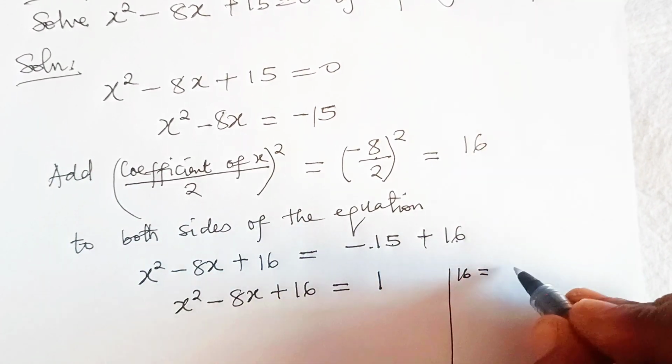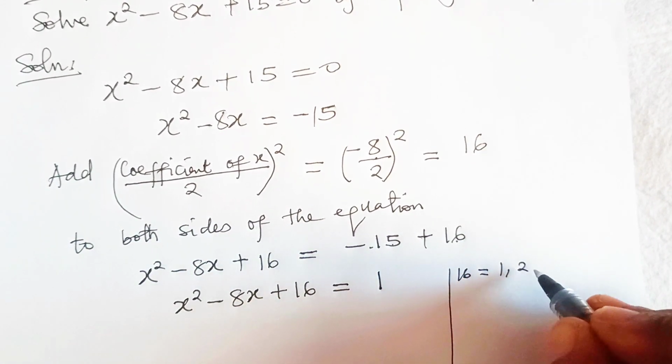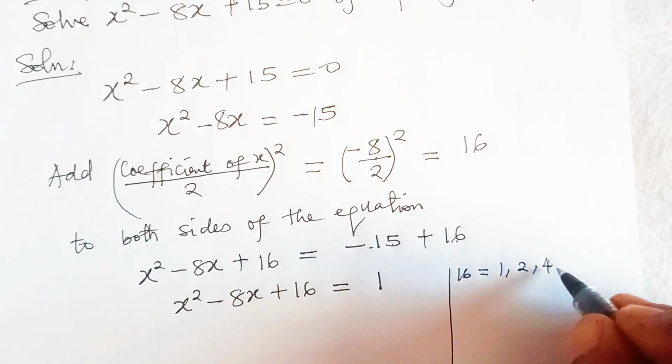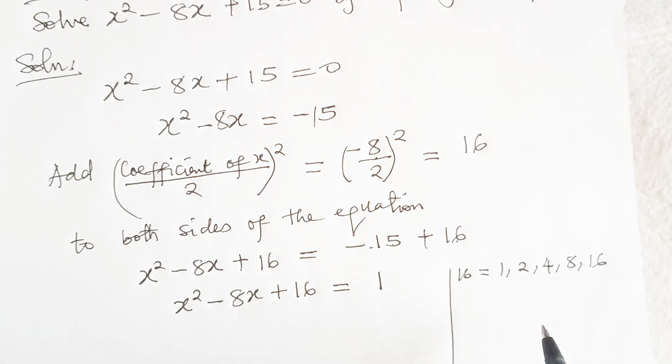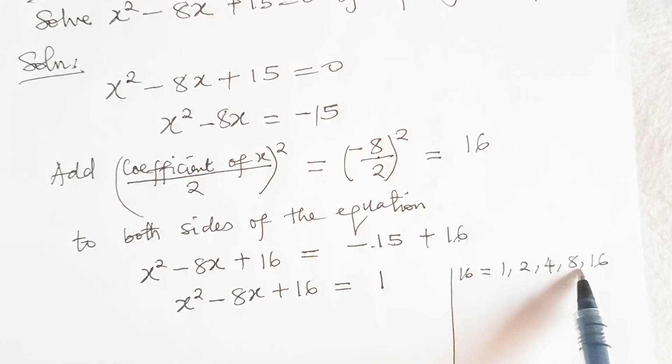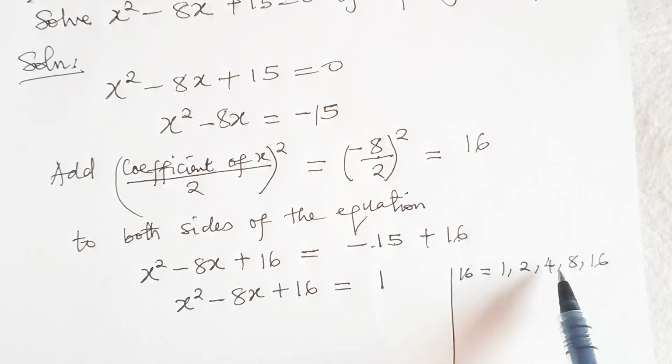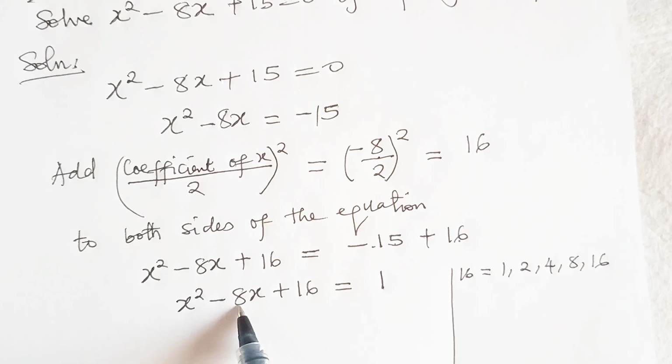Factors of 16 are 1, 2, 4, 8, and 16. Which of these factors can I combine so that if I multiply them, I'll get 16, and if I add them, I'll get 8?